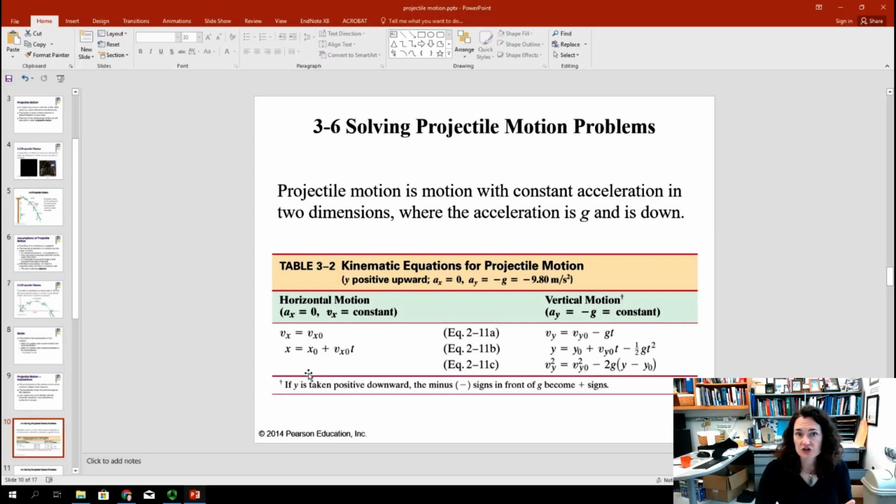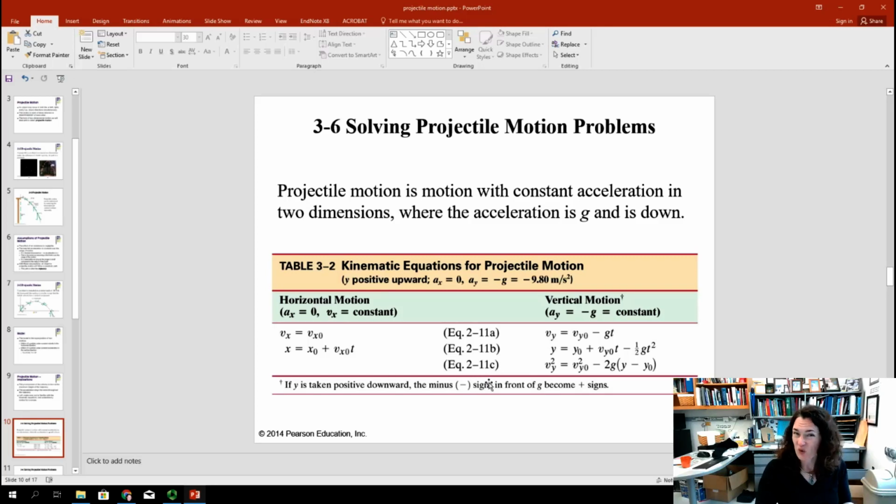Now, the equations that you're going to use for horizontal motion are simplified. Because there's no acceleration in the x direction, the initial velocity in the x is equal to the final velocity in the x. So that's written here as vx is equal to vx naught. Because there's no acceleration in the x direction, we don't have any of those v squared equations like we do for the y. We just have that the initial and the final velocities in the x are the same.